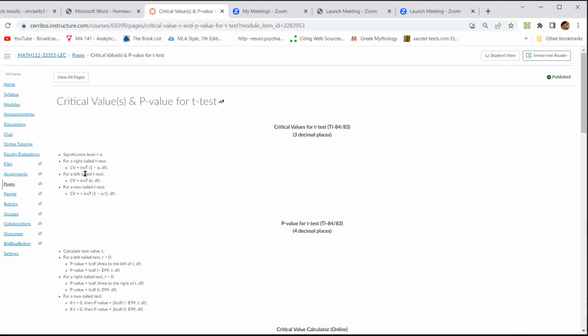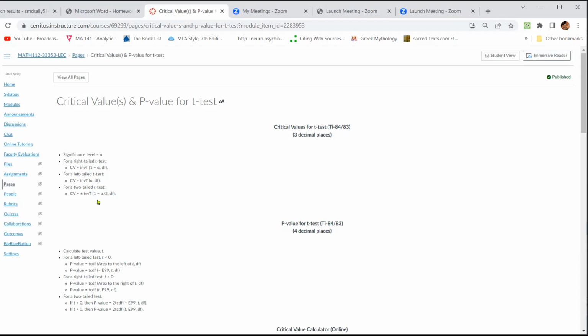This is your inverse T. The critical value for a right tail is inverse T of 1 minus alpha and the degrees of freedom. If it's a left tail test, it's inverse T with alpha and the degrees of freedom. If it's two tails, then that's where we divide the alpha in half, and it's inverse T of 1 minus alpha over 2 and df.